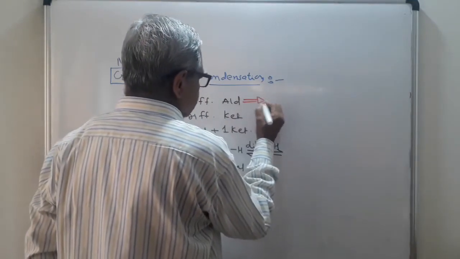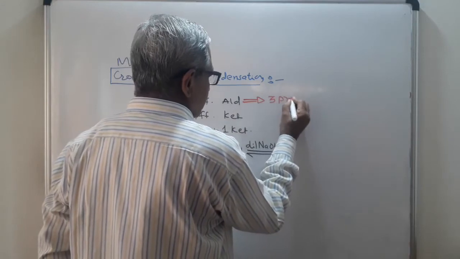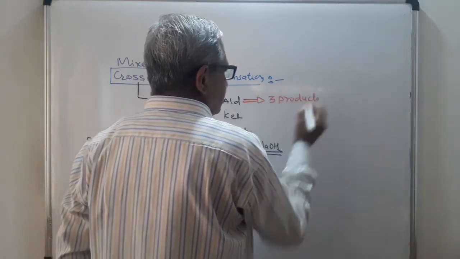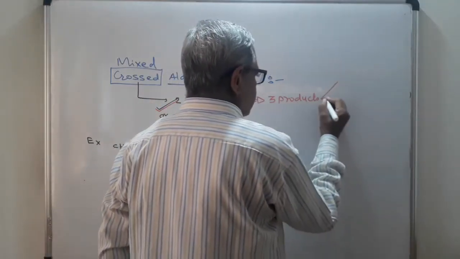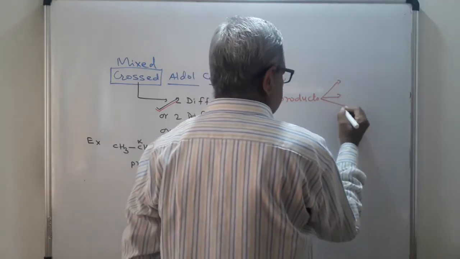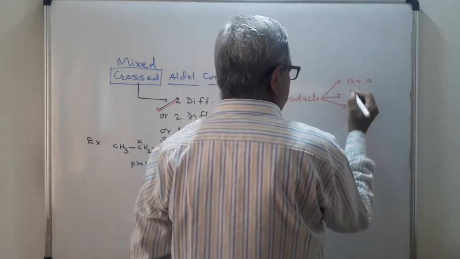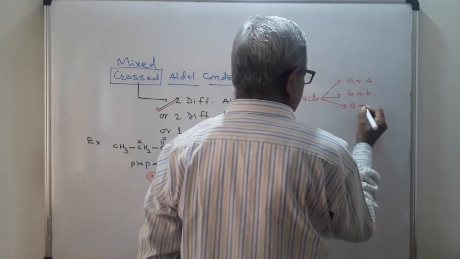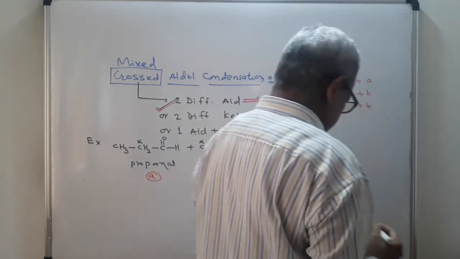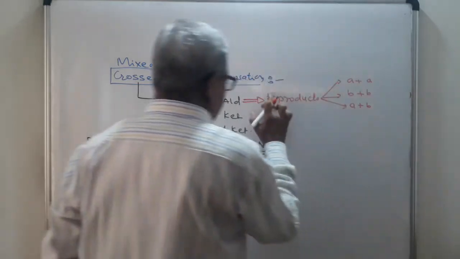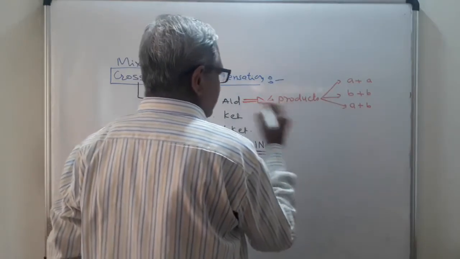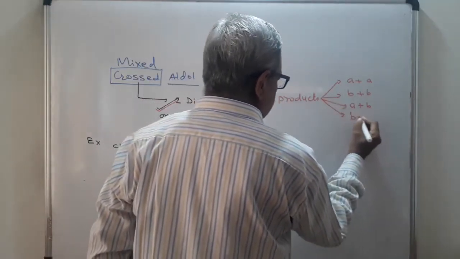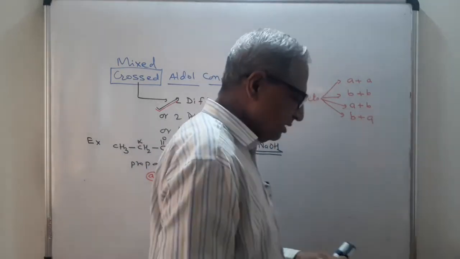Three products. The first product is A plus A, the second product is B plus B, and the third product is A plus B. Sorry, you will get four products, because B plus A is also possible here.